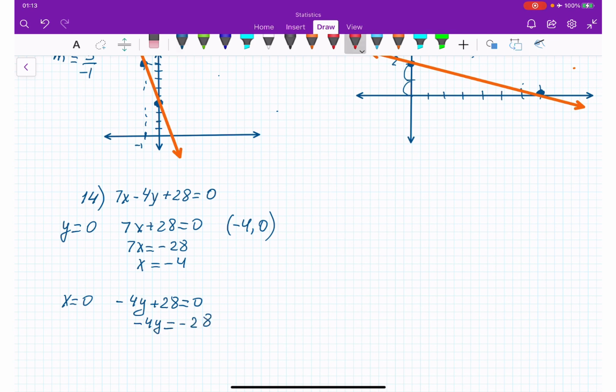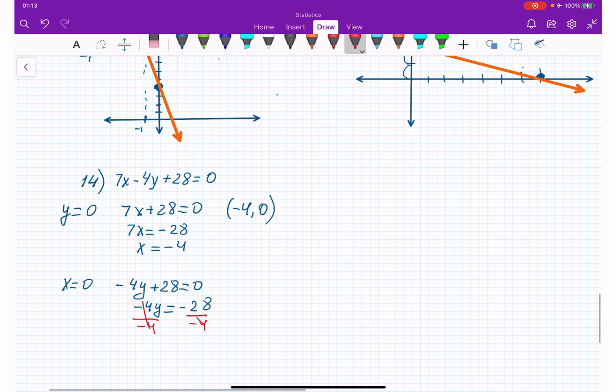And I need to divide by negative 4 here, negative 4 here. This is gone. This will be 7. And my y is equal to positive 7, right? So the second intercept is going to be 0 and 7. Those are the two intercepts that we were looking for.